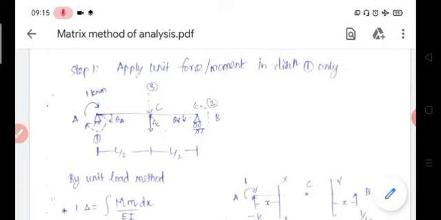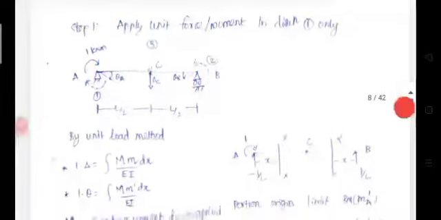For this we may use any method. For a simply supported beam, the conjugate beam method, the moment area method, or whatever it may be, is more convenient. The conjugate beam method is more convenient, but in this case I am going to apply the unit load method, because we are going to use this method in problems.